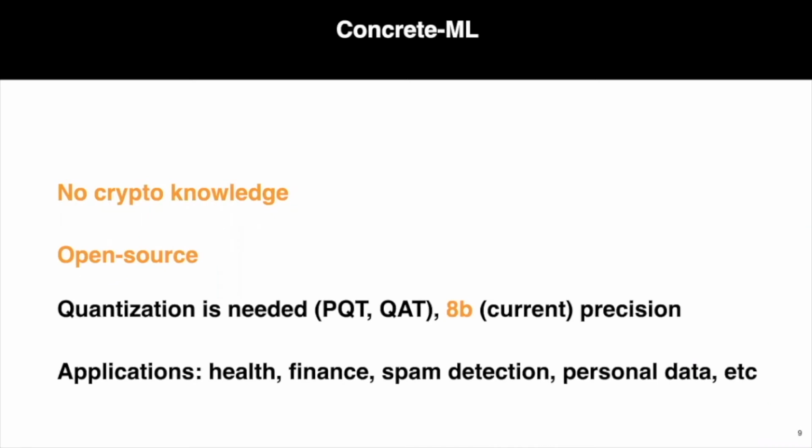So each time there are data that you want to protect, you could use our stuff, which more or less, I mean, certainly most of the time you want to protect your data. So for example, for health, if ever you want to, I don't know, detect some disease, but without giving your personal data and without revealing to the machine learning server if ever you have a disease or not.